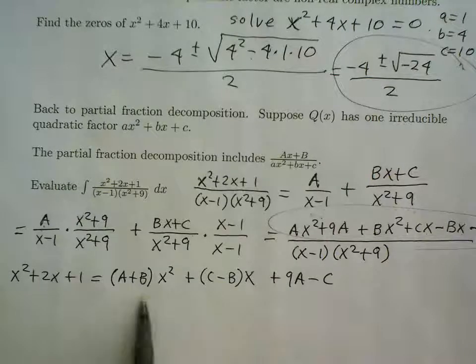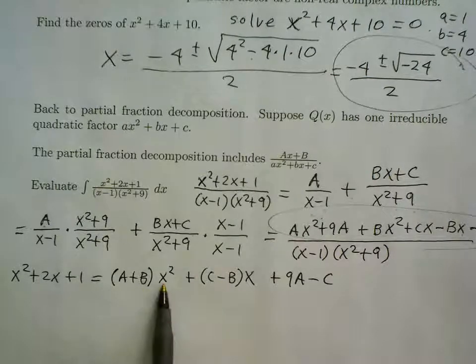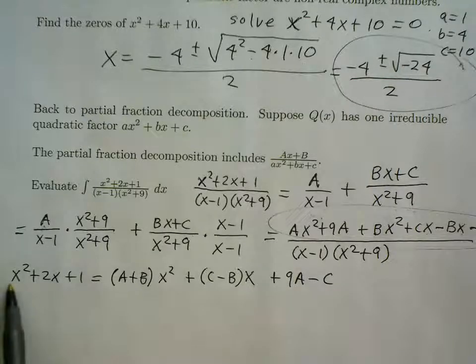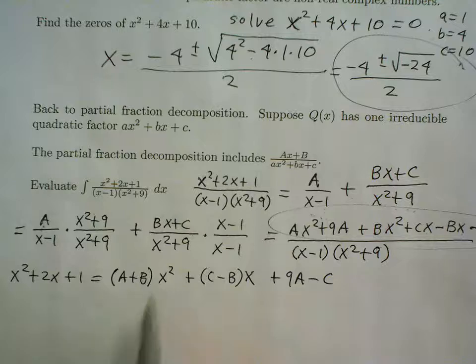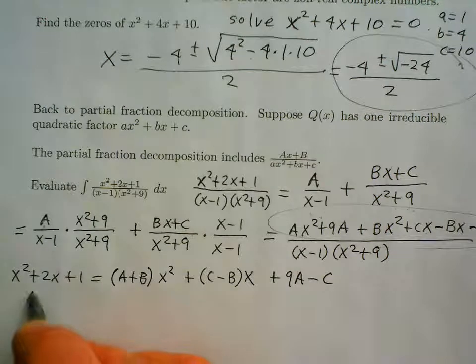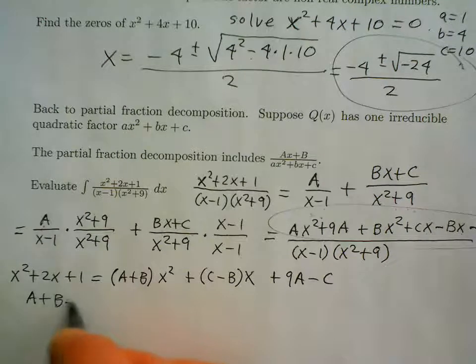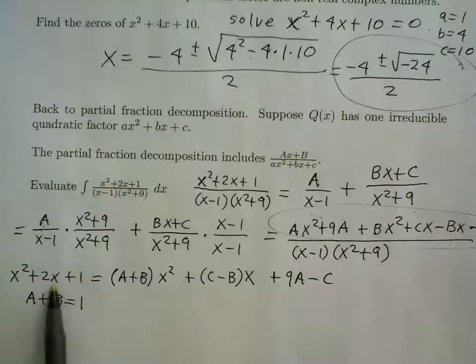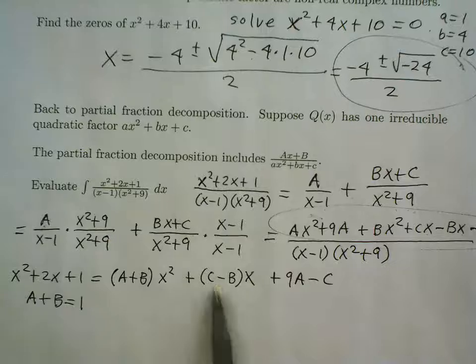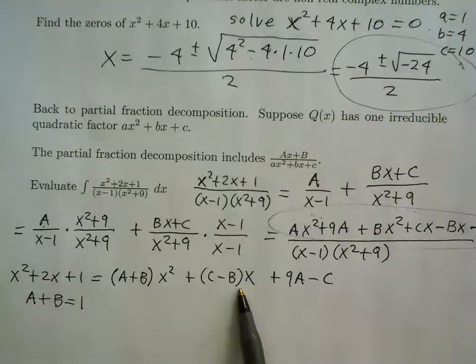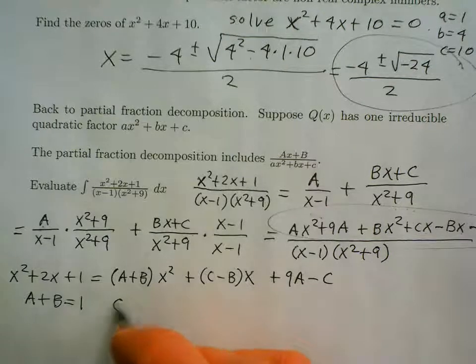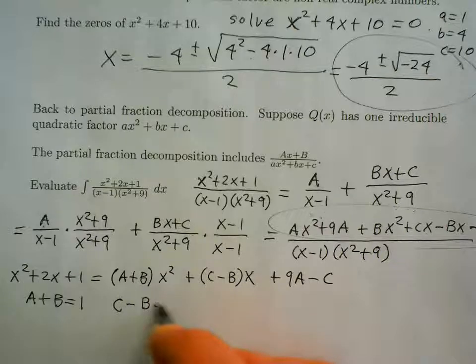The coefficient of x squared has to be equal, so 1 has to be equal to A plus B. I'll write that as A plus B equals 1. The coefficient of x on the left is 2, and on the right it is C minus B. So C minus B has to be equal to 2.